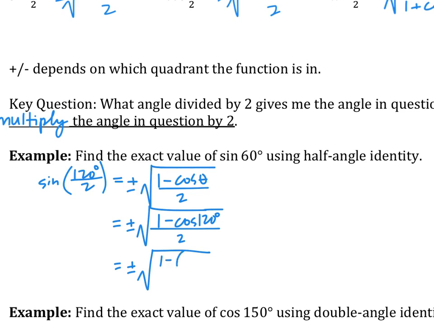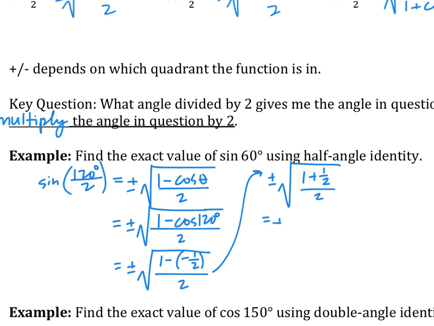So this is plus minus square root of (1 plus 1/2) over 2, which is plus minus square root of (3 over 2) over 2. 3 over 2 over 2 is the same as 3 over 2 times the reciprocal, so times 1/2.